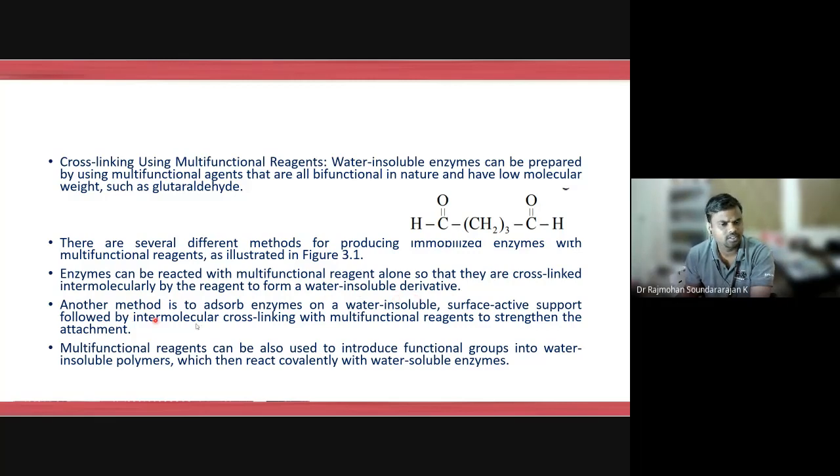Another method is to adsorb the enzymes on a water insoluble surface active support, followed by intermolecular cross-linking with the reagents, which will strengthen the attachment. Another way is that multifunctional reagents can be used to introduce functional groups into a water insoluble polymer. Then a covalent bond reaction will form with the water soluble enzymes.